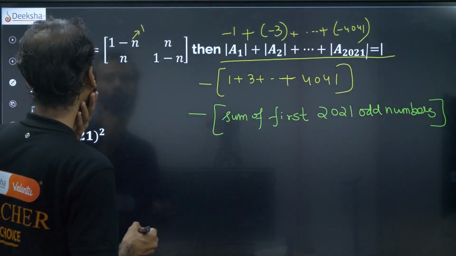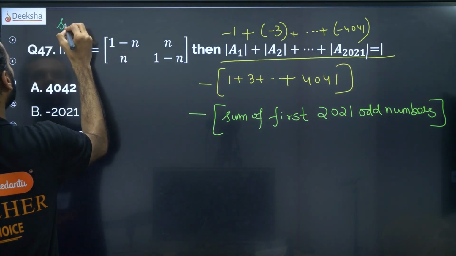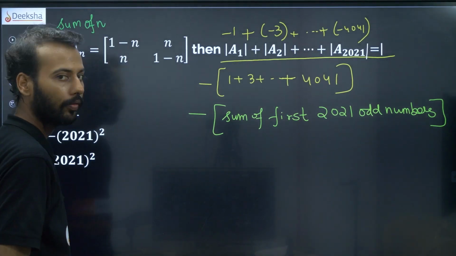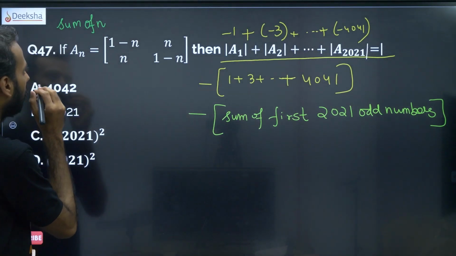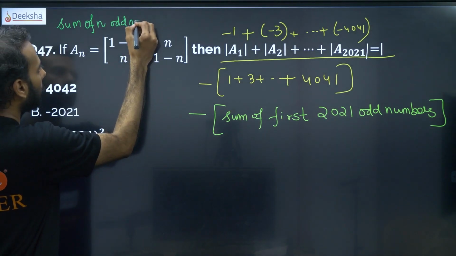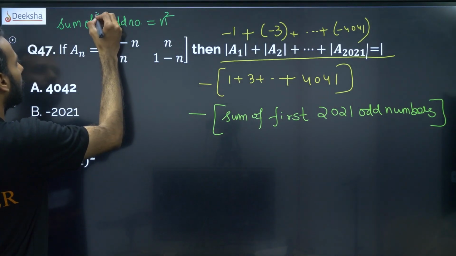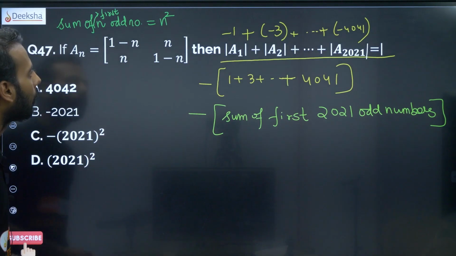Now in the synopsis, try to recall one point: the sum of the first n odd numbers is equal to n square.